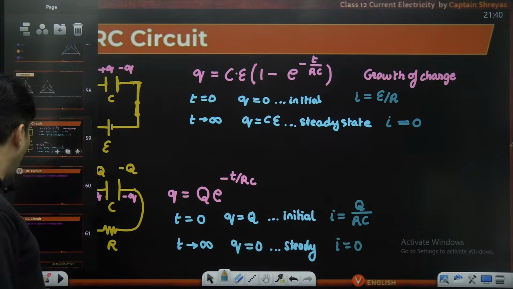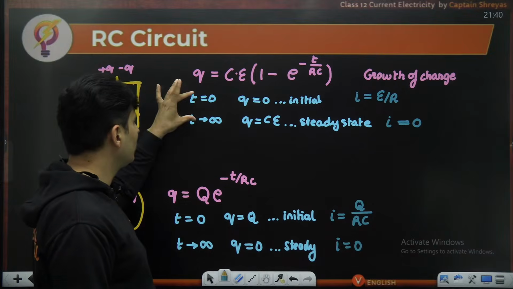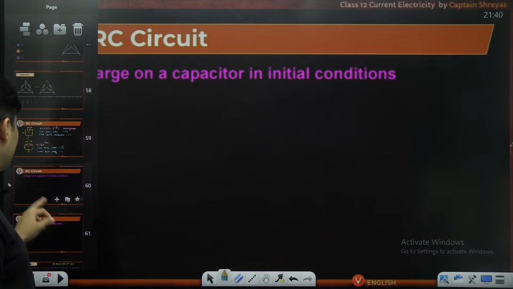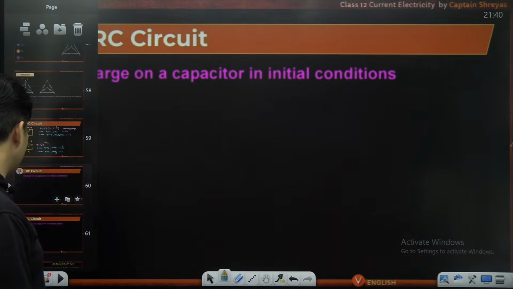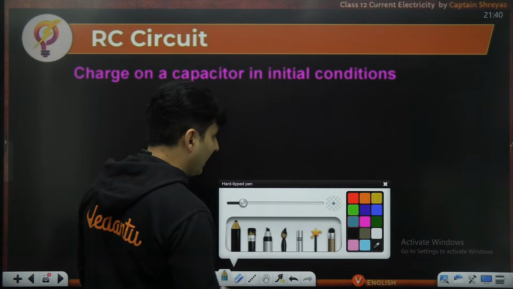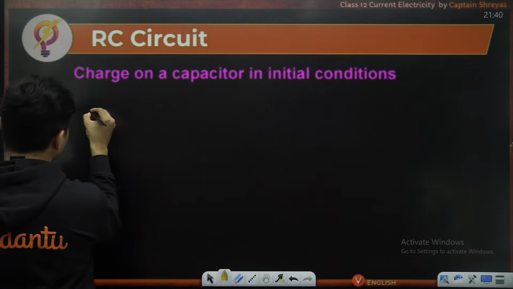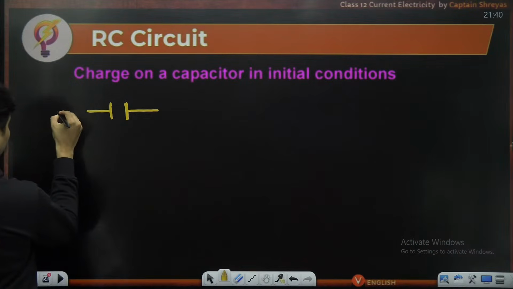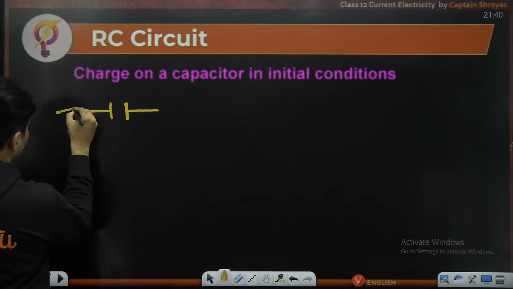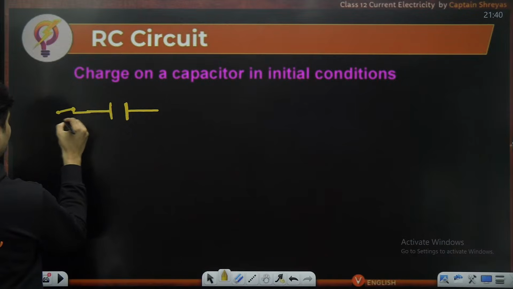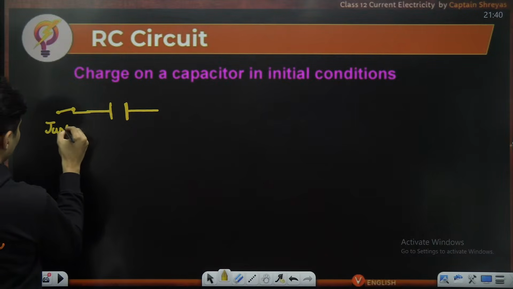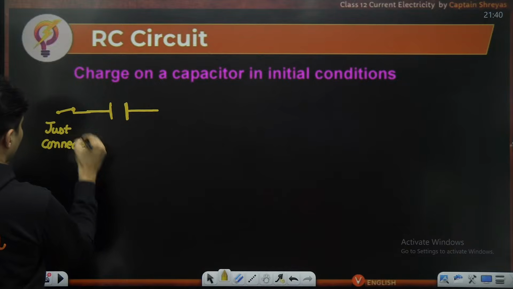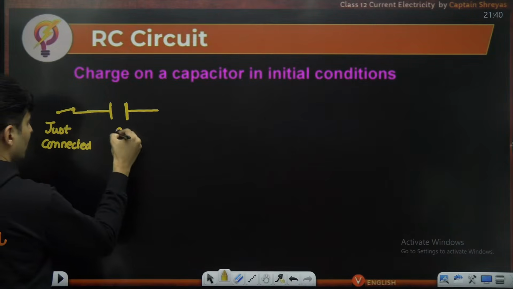Now, what I want from this entire slide is only this part, which is what happens when the capacitor is just connected versus in steady state. So, if you take a capacitor, and let's say it is just connected, the switch is closed.